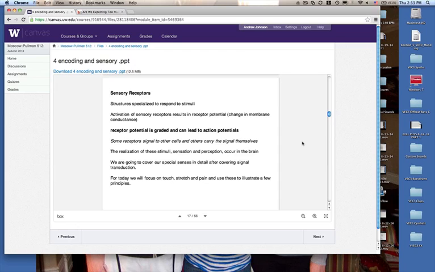But if your receptor cell is also the cell that's transmitting information to the brain, and you destroy that whole structure, well, that's harder to deal with because you can't just apply stimulus. You have to somehow get that to the back of the brain. And we'll see in detail when we talk about the special senses, which those are.